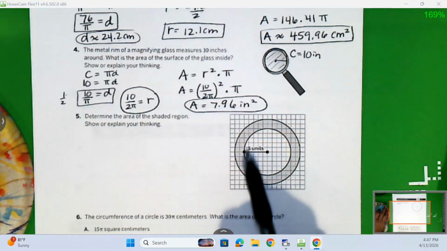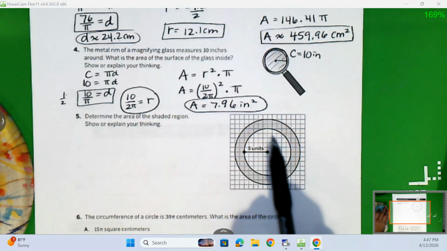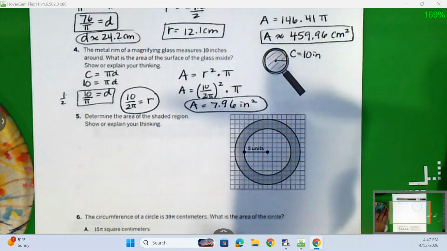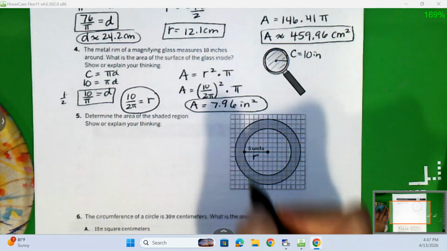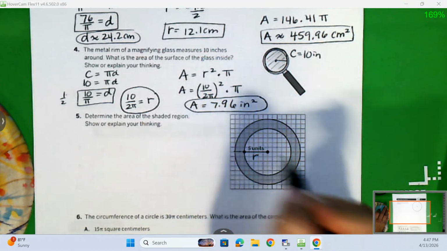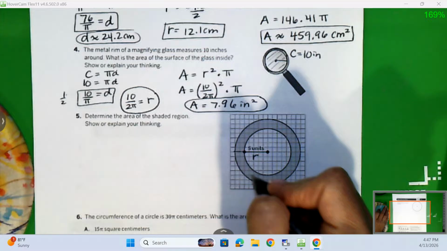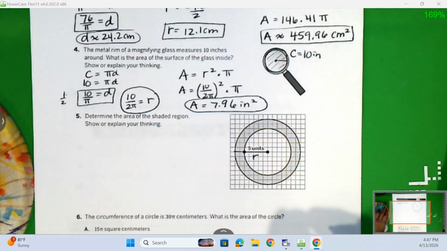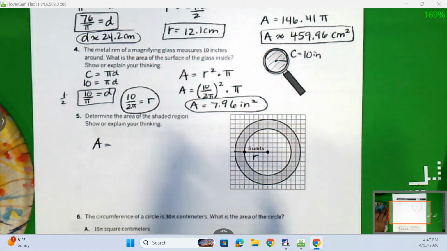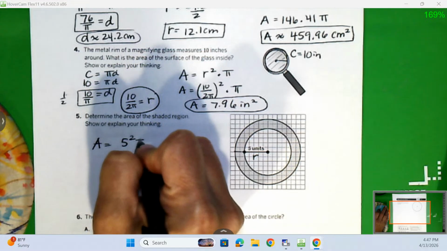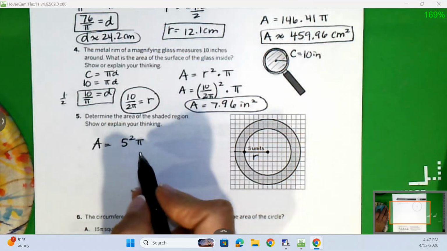So we're told that this inner circle has a radius of 5 units. And if we go out 2 more units here, then we know that the radius of the larger circle is 7 units. So we're going to have area is equal to 5 squared pi for the smaller one.